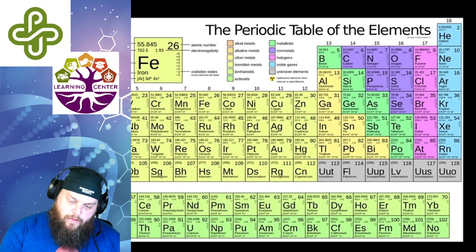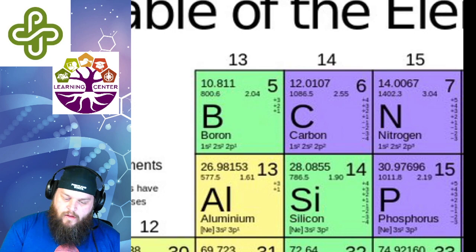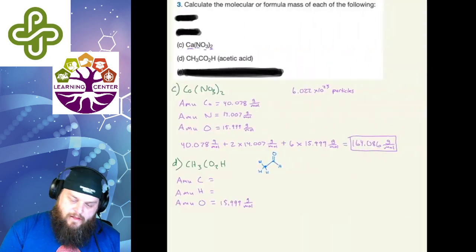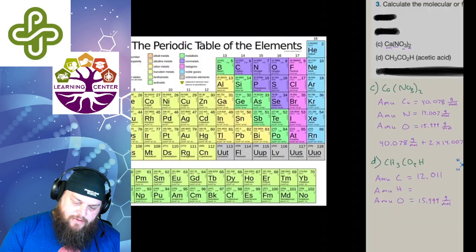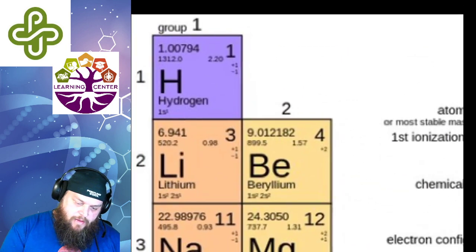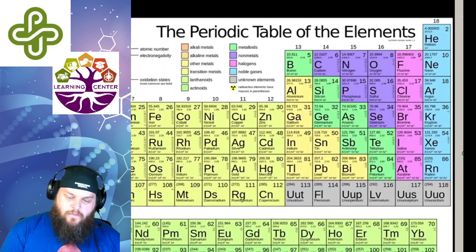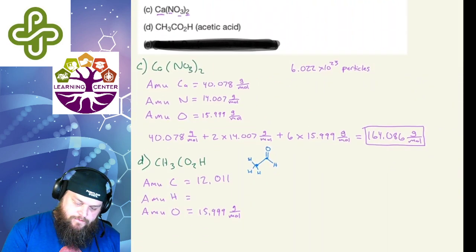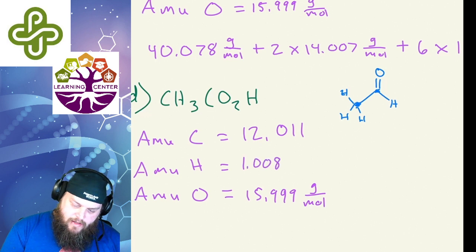Flipping back over to our periodic table, carbon is up here, group 14, row 2. That's 12.011. So write that down. 12.011. Hydrogen is way up here at the top. That's 1.008. 1.008, and I forgot my units.